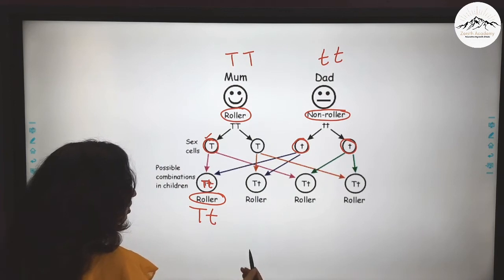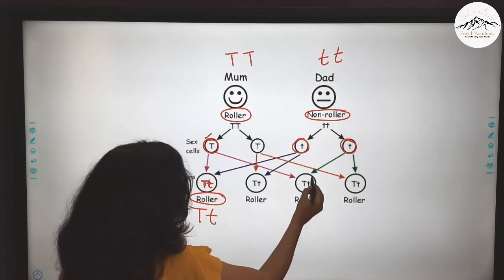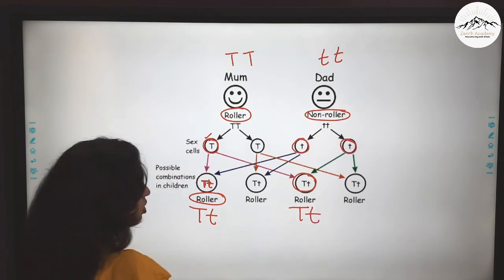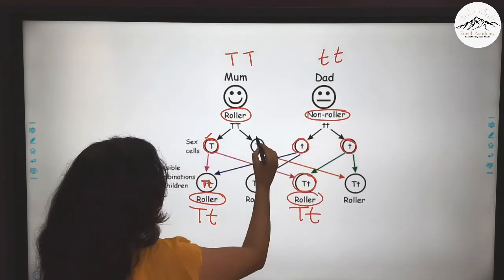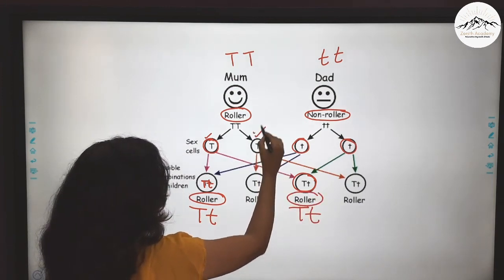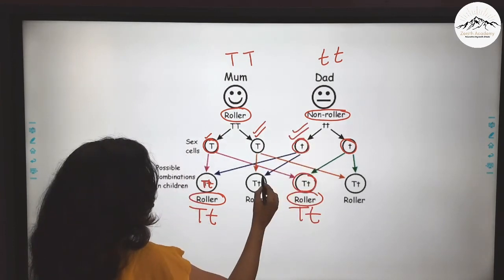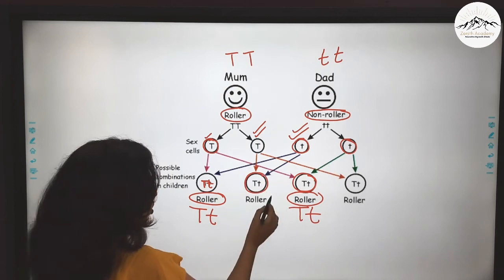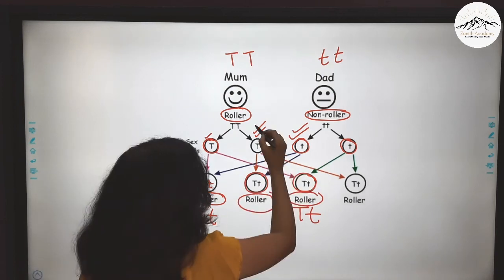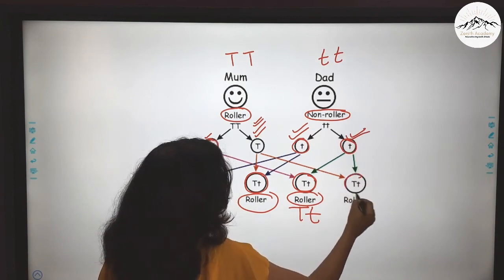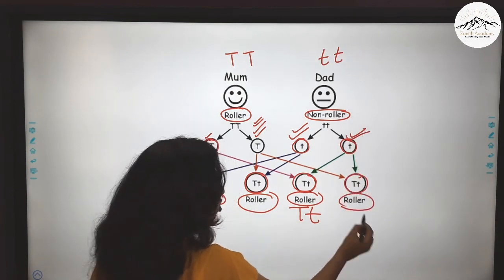So in this case also it will be a roller, because here there is one capital T and one small t. So roller. Now if this t combines with this small t, you can see again capital T, small t. So again a roller. And if this combines with this now, it will again form capital T, small t. So in this case also roller.